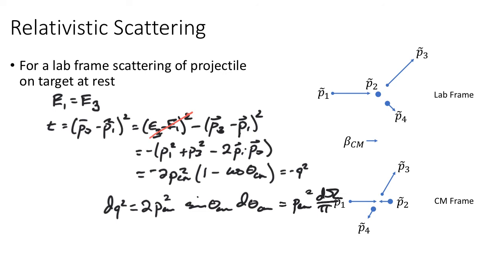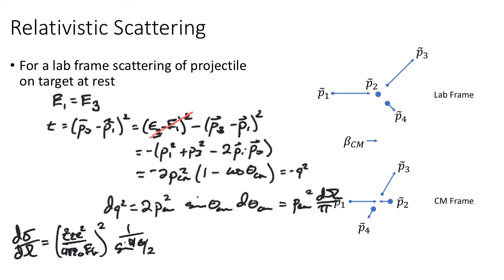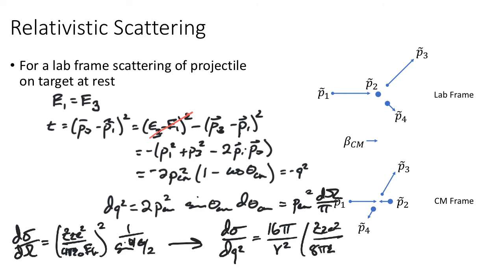And so rather than writing as we had before, d sigma d omega was z e squared over 4 pi epsilon naught, kinetic energy, all of that squared, over sine to the 4th theta over 2, we can write instead something like, how does the cross-section vary with q squared, which is very similar, and it's 1 over 16 pi v squared z squared over 8 pi epsilon naught.